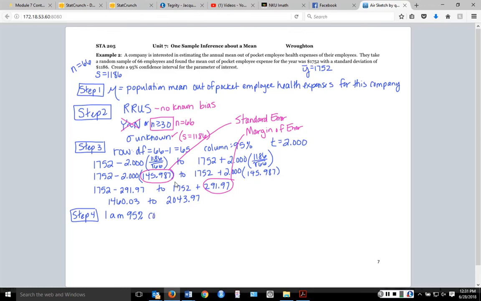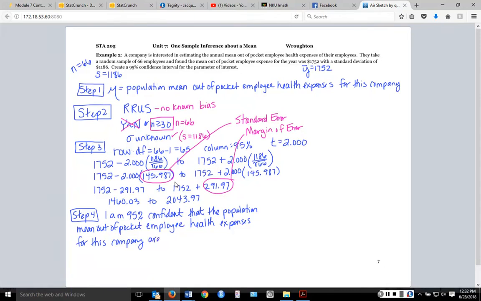I am going to be 95% confident, and then I'm going back to my step 1, the population mean out-of-pocket employee health expenses for this company are between, and then finally my numbers, $1,460.03 and $2,043.97.